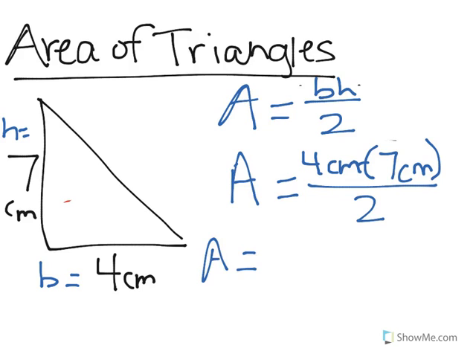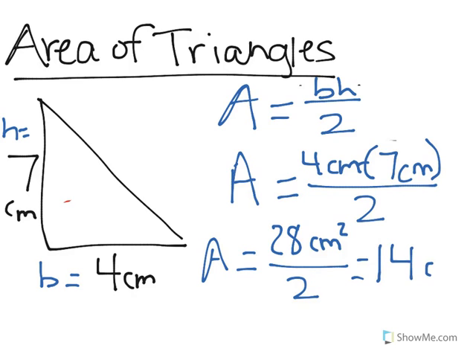Area is equal to 4 times 7, which is 28. Centimeters times centimeters is centimeters squared. Divide by 2. 28 divided by 2 is equal to 14 centimeters squared. My area of this triangle is 14 centimeters squared.